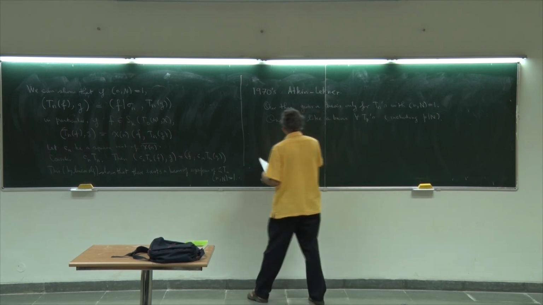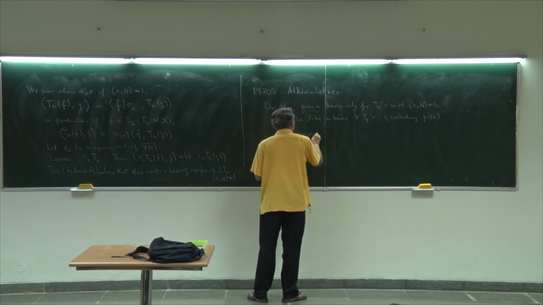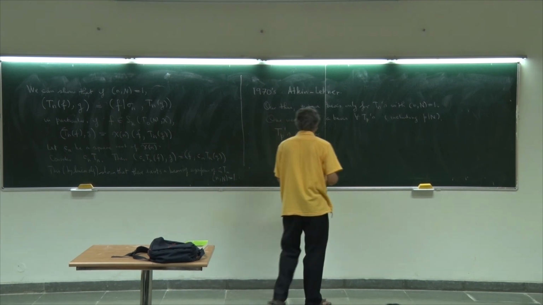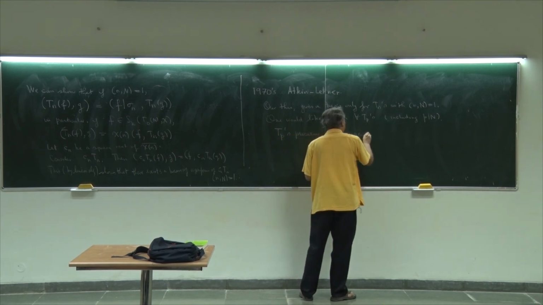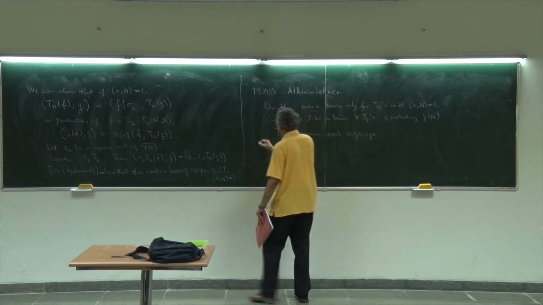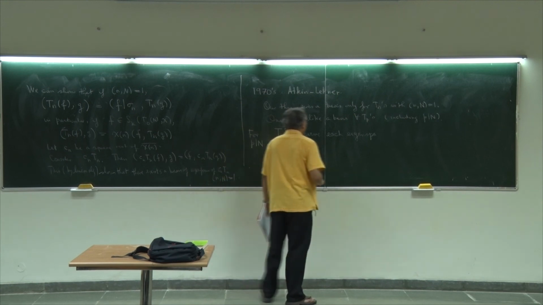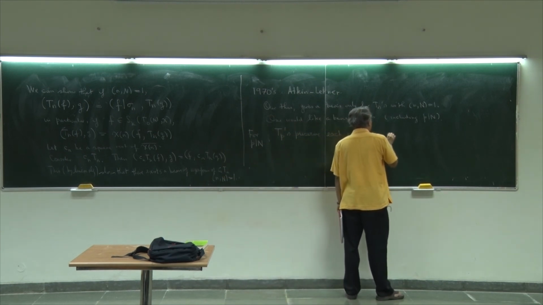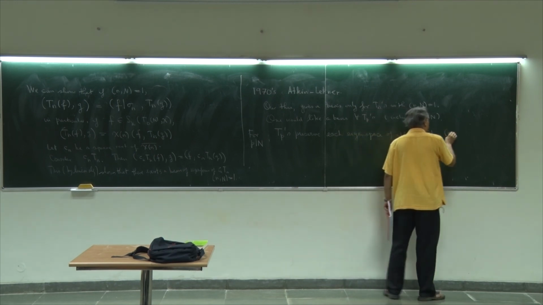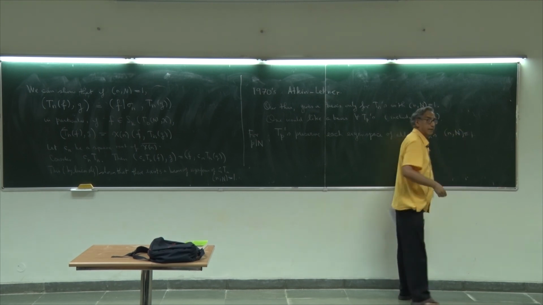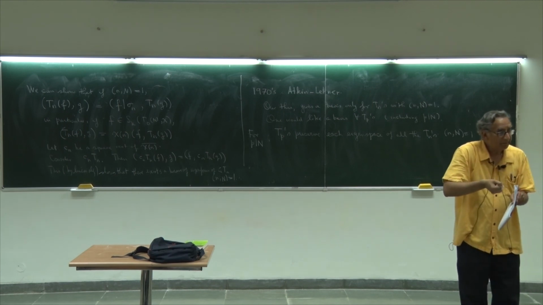Now the Tp's, for p dividing N, preserve each eigenspace of all the Tn's with n relatively prime. So you look at these eigenspaces for the other Hecke operators, but the Tp preserves them, that's fine.